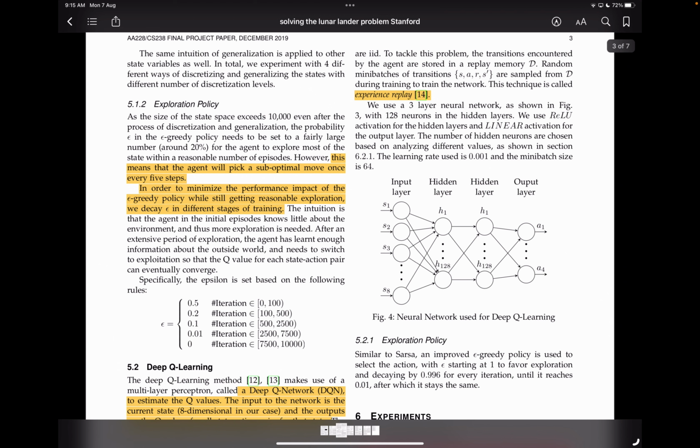How can we minimize the performance impact of the greedy policy while still getting reasonable exploration? Through epsilon decay. So what is epsilon decay? Based on the number of iterations, say 0 to 100 and 100 to 500, we keep on decreasing the epsilon values, right?